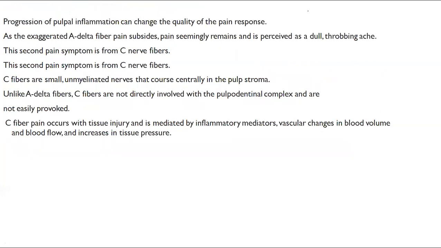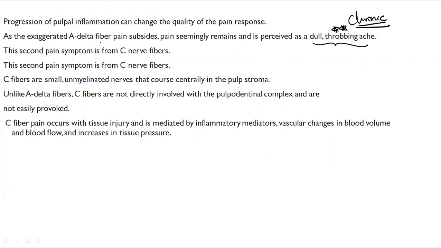Now coming to C fibers. C fibers are like the chronic pain, where you see a dull, throbbing, aching pain over a long period of time. So these are asymptomatic in chronic cases. When I'm talking about chronic pain, the pain symptoms are different from those of acute pain, but it doesn't mean that the pulp is not infected.